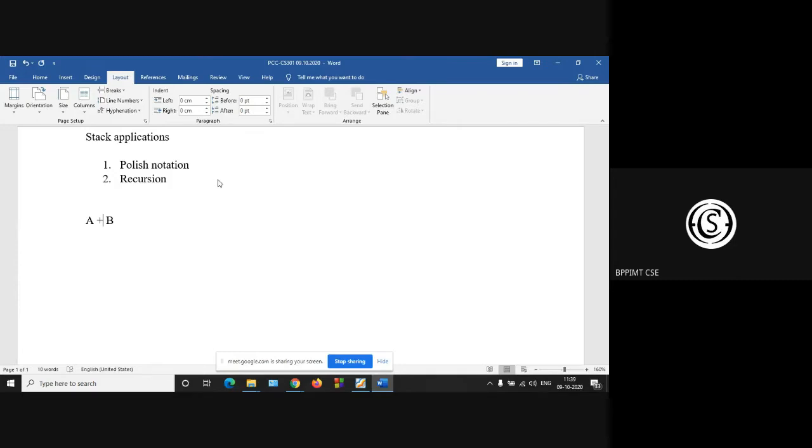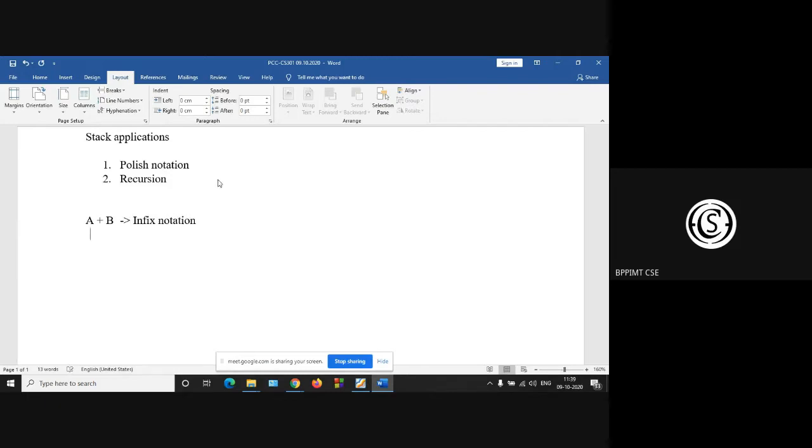So this particular representation is called the infix notation.